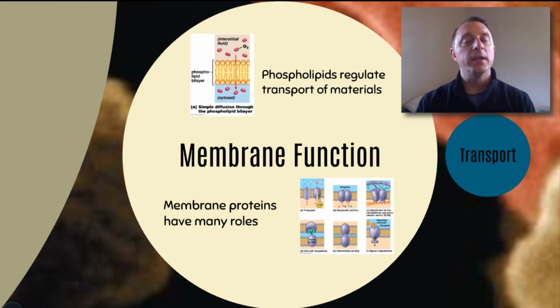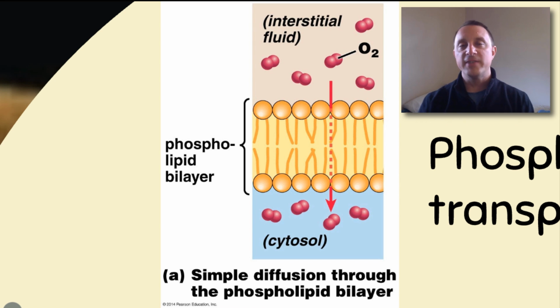Okay, so looking now at membrane function. The main function that we are going to be talking about here with membranes is transport. And the phospholipid portion of the membrane is really what controls the transport and regulates what can pass through the membrane and what cannot.